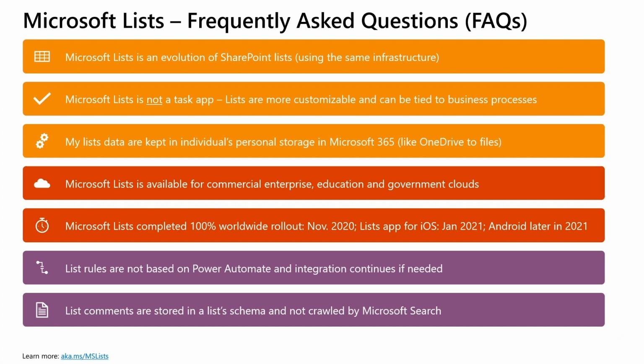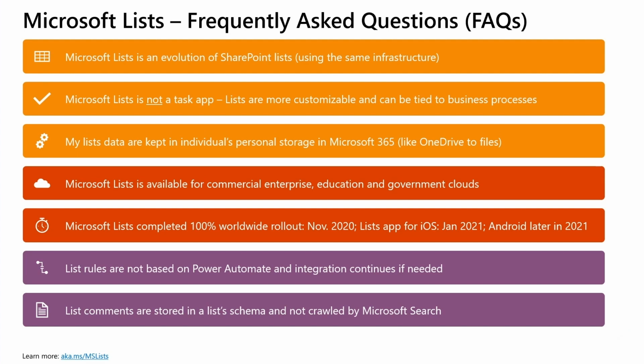One last thing, we have a new capability with comments in lists, and we have now the ability coming soon to be able to @mention somebody, but anything that happens in the comments within the list is actually stored in the same list container, which for us is SharePoint, and it's within that individual list in the same list schema. What it really means is it's not available to everybody. It follows the same permissions as you would expect any information based on where you put it and who has access to it.